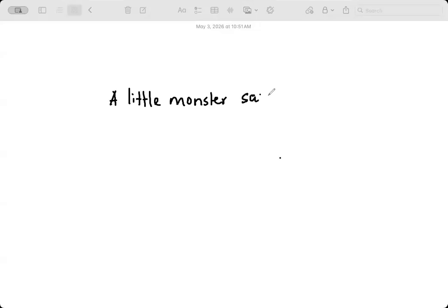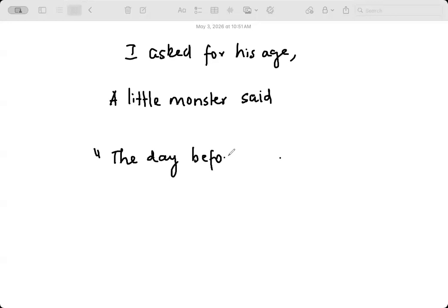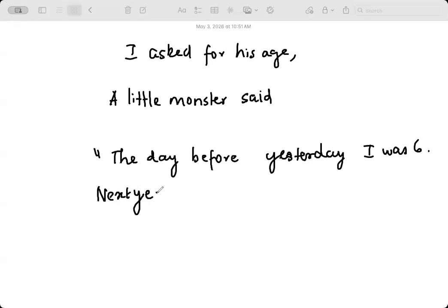The little monster said, the day before yesterday, I was 6. Next year, I turn 9. He said it right, but how is this possible?